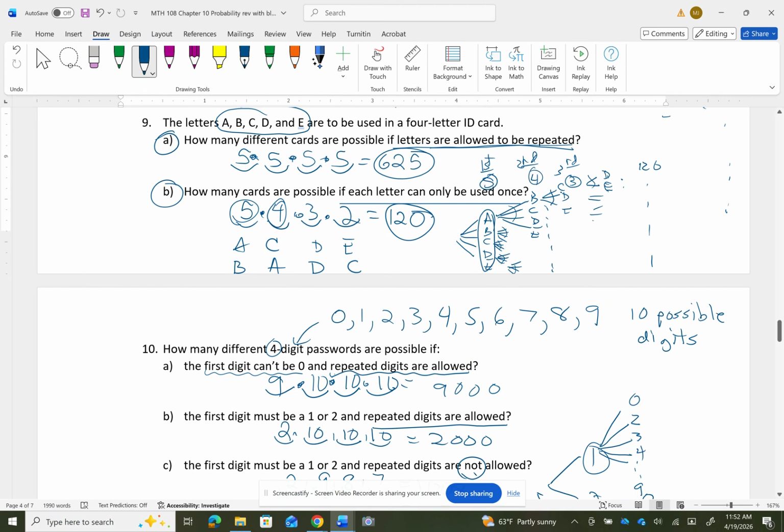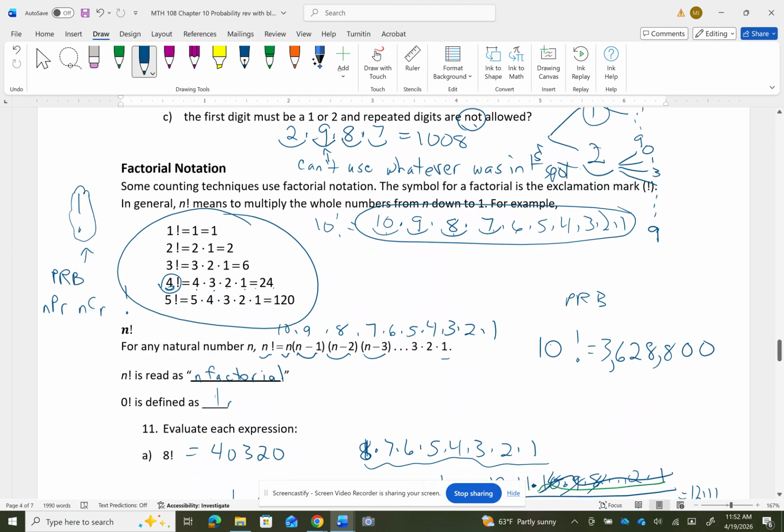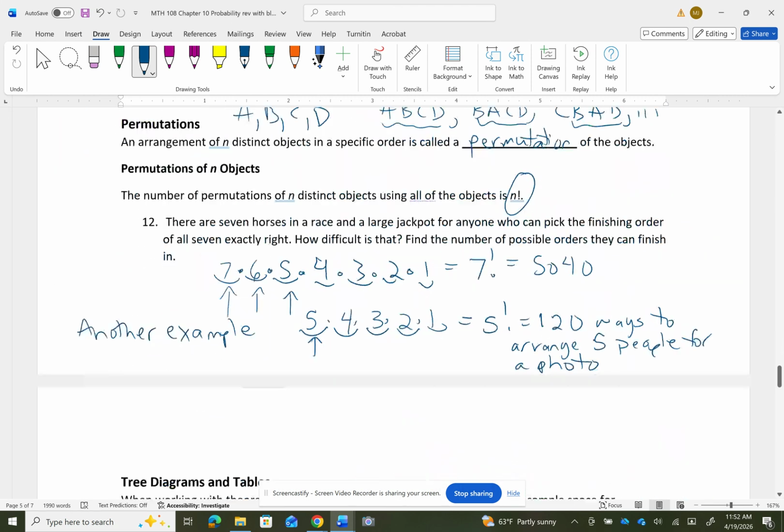So tree diagrams can sometimes be helpful to ponder what's going on in a problem, and they can help you get your sample space and the total number of possible outcomes.